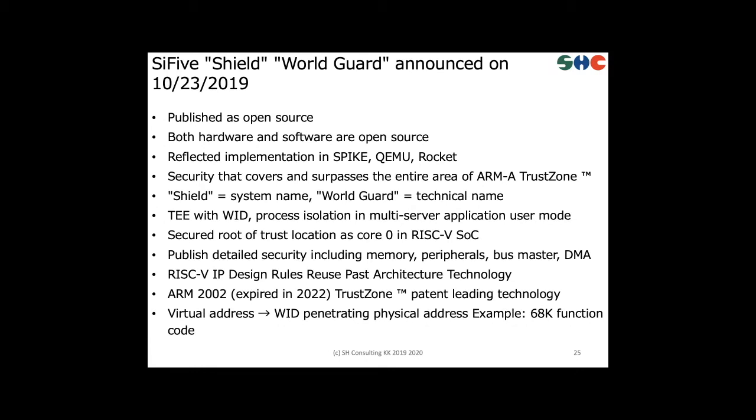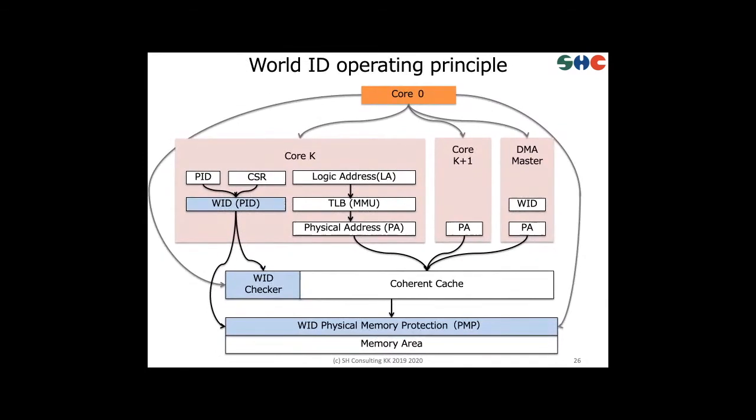This is very similar to ARM's TrustZone technology. SiFive WorldGuard has a World ID, and it offers more flexible security than TrustZone. It has all the TrustZone capabilities. I'm not going to go into too many details because there are a lot of presentations you can find about WorldGuard and the World ID.